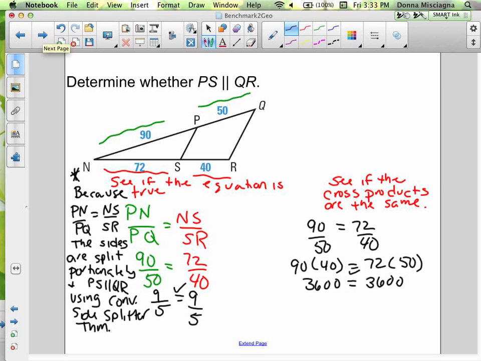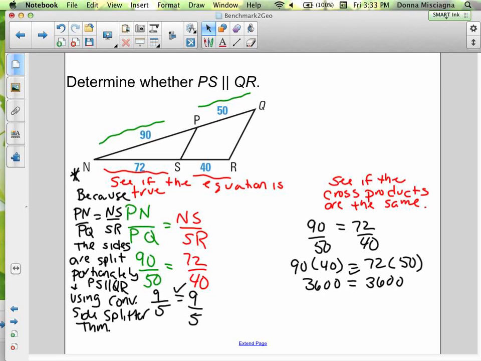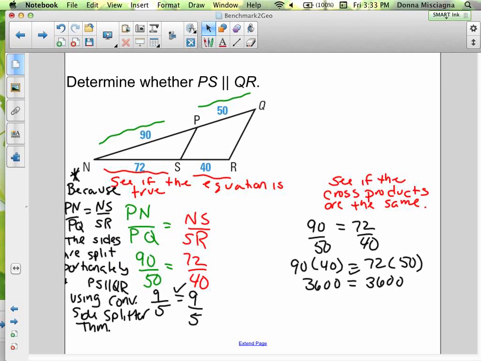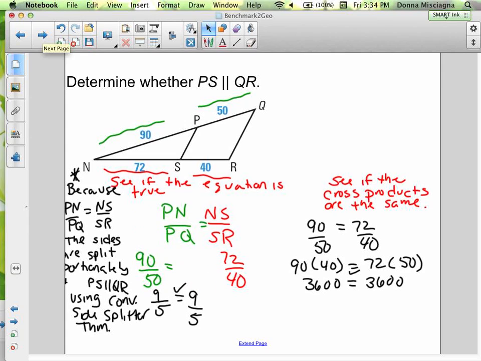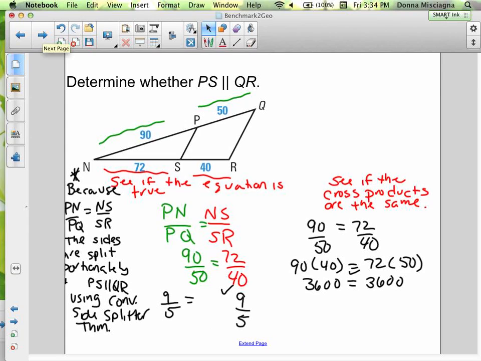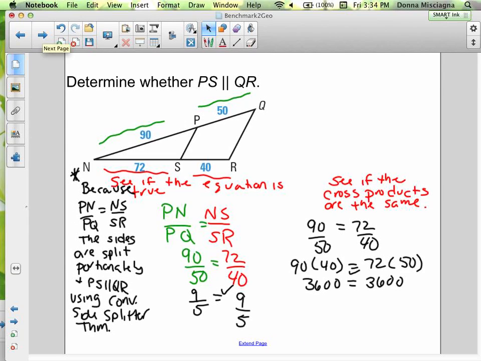Whether you use the cross products or whether you reduce your fraction, either way you can justify it the same way: because PN over PQ is equal to NS over SR, which we know was true whether we reduced the fractions or whether the cross products are the same, the sides are split proportionately, and PS is parallel to QR using the converse of the side splitter theorem.